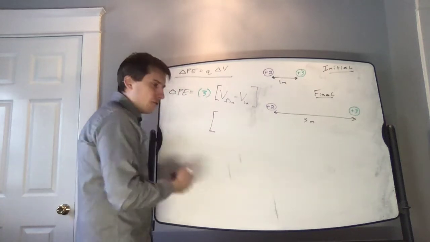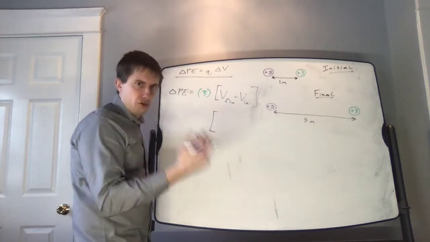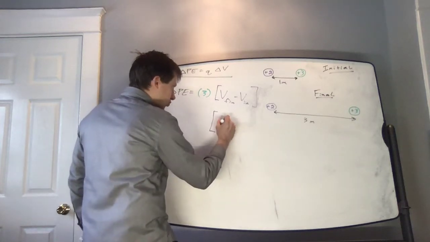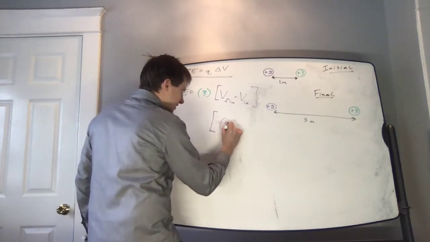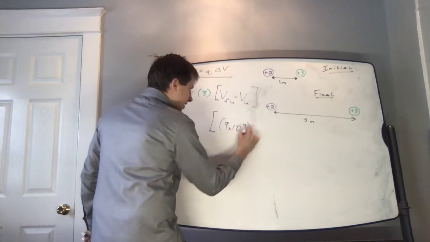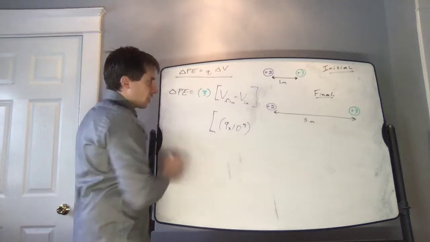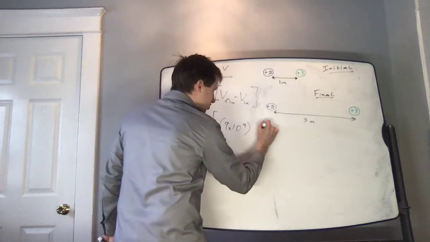So the equation for the electric potential due to a point charge is V equals KQ over R. K is Coulomb's constant, so I would write 9 times 10 to the 9. The charge that creates the electric potential is the plus 2 charge in this problem, so I will have 2.